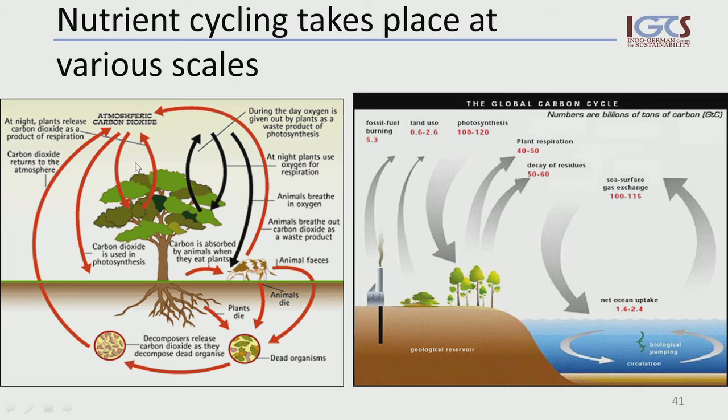And then the global cycles that we observe. Just like in our water cycles, we also have a nutrient cycle that takes place at a global scale. It takes place between the ocean mass, it takes place on our terrestrial parts, and it connects both of these major land surfaces through our atmosphere.